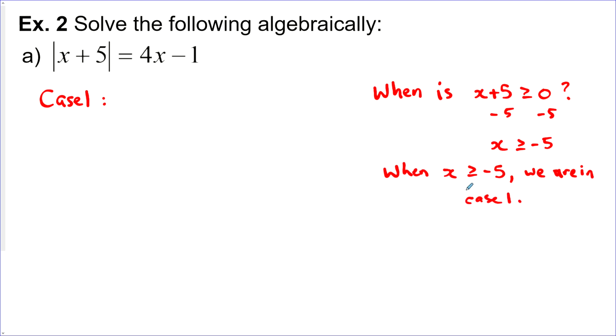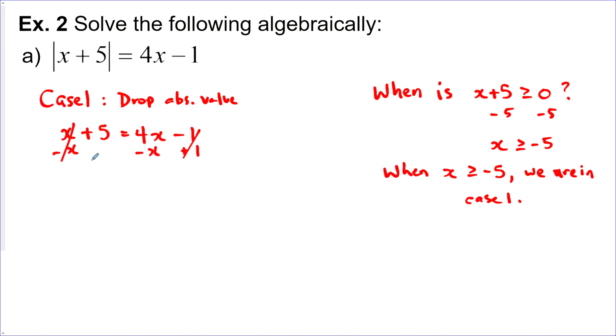And that is, the absolute value brackets aren't doing anything. So we'll drop them. Drop absolute value and solve. So minus x on both sides, and probably add 1 on both sides.